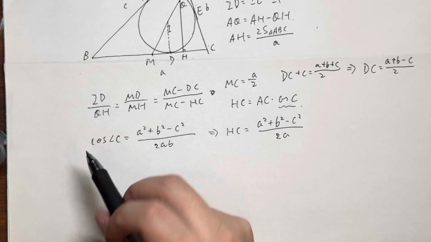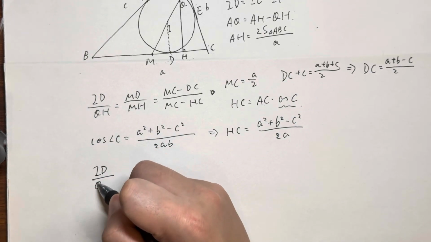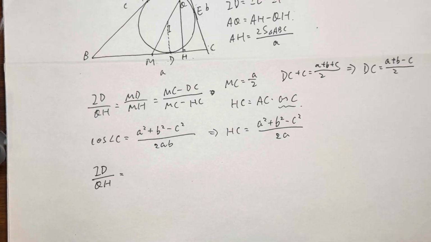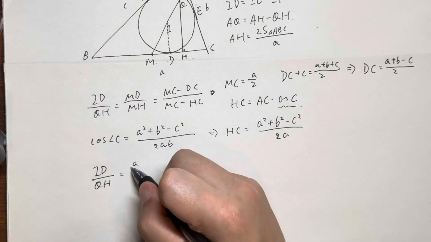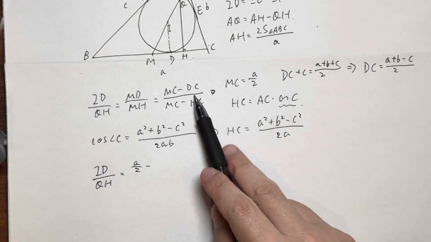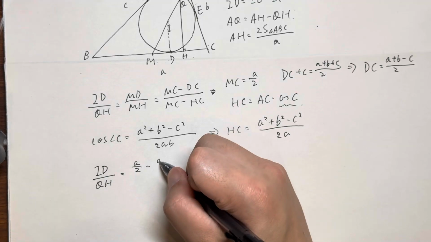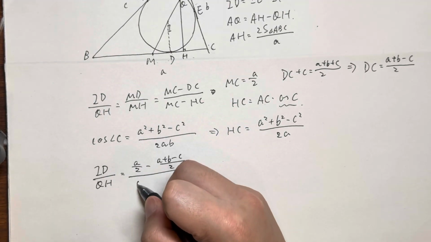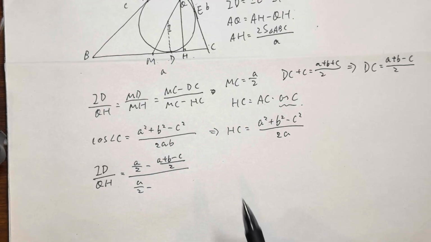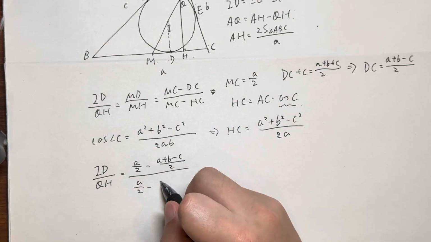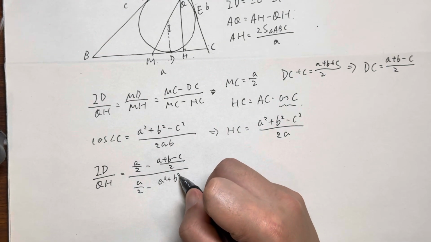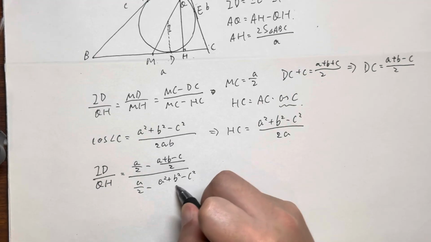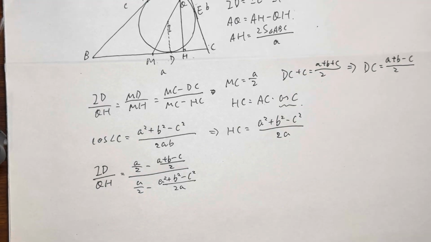So ID to QH equals A divided by 2 minus DC, where DC is A plus B minus C divided by 2, divided by A divided by 2 minus HC, where HC is A squared plus B squared minus C squared divided by 2A.